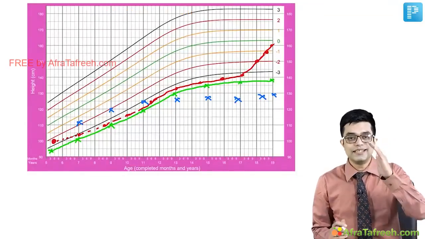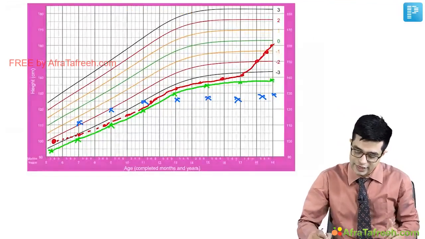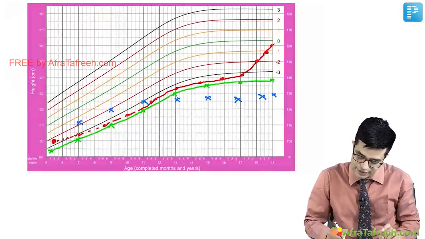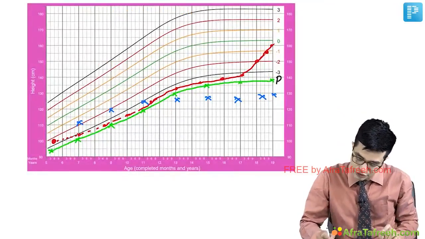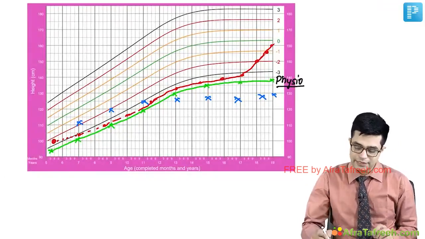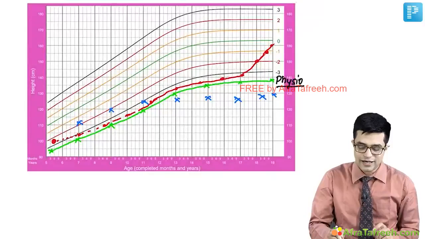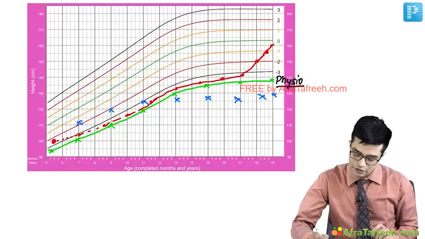So if something is parallel to the growth curve, it indicates that this green colored child is having physiological short stature, right? Look at the red colored child. Here also, except for the fag end, throughout the childhood, it is running parallel to the growth curve. So this is also having a physiological short stature.